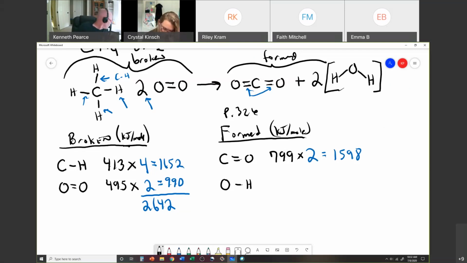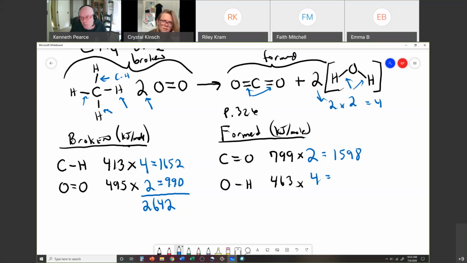And we look on our table and we say OH, and I see 463. And that is times 4, because there are 2 of them here, but then we have 4 altogether.